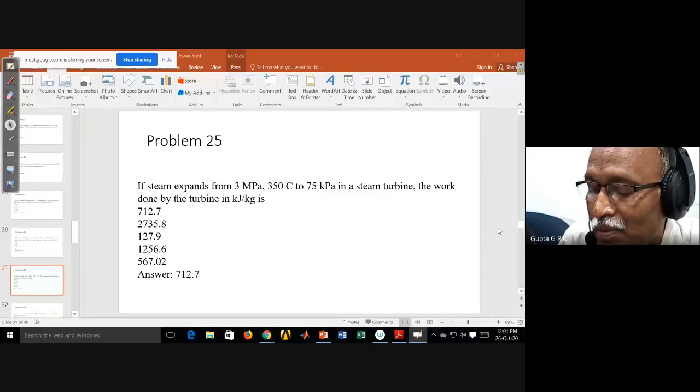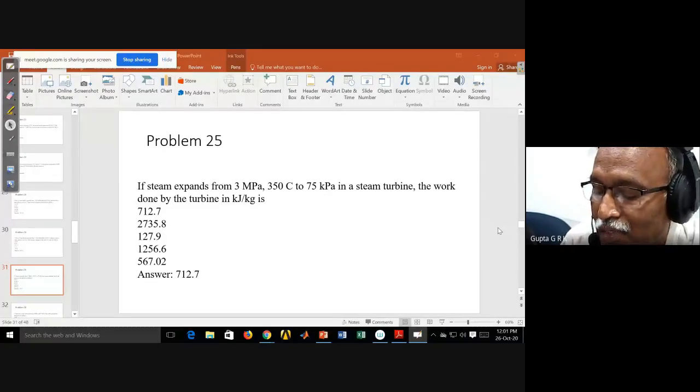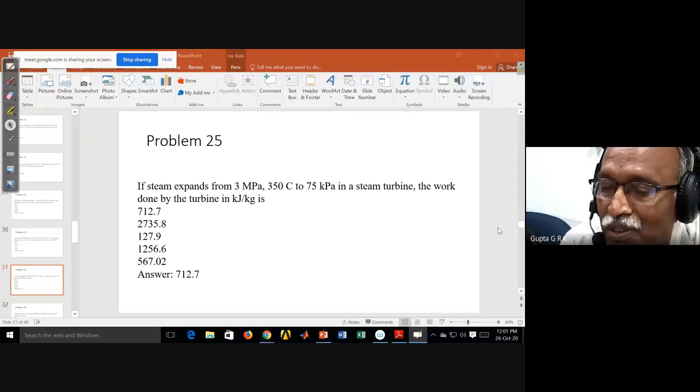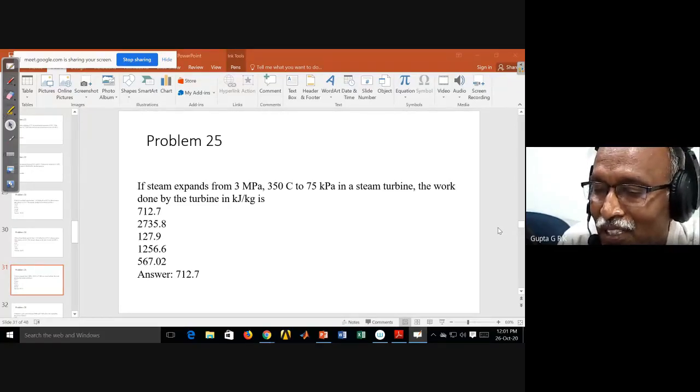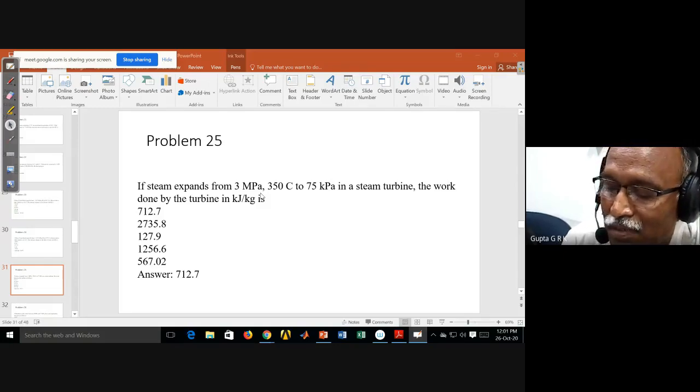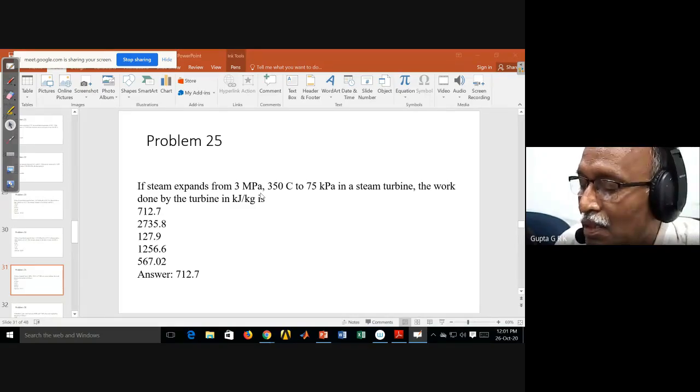Whether it is R134a or steam, when steam is working substance, I cannot use that PV to the power gamma or PV by T equal to constant. Those things I cannot use. Is it clear? Yes, sir. Whenever there is steam as the working substance, you have to always use steam tables only.